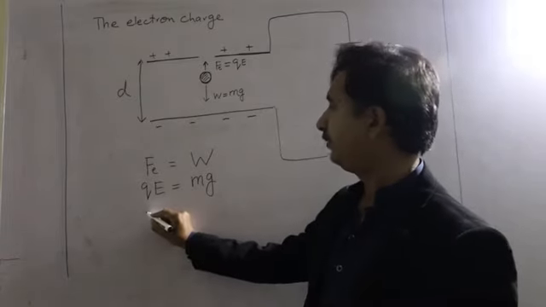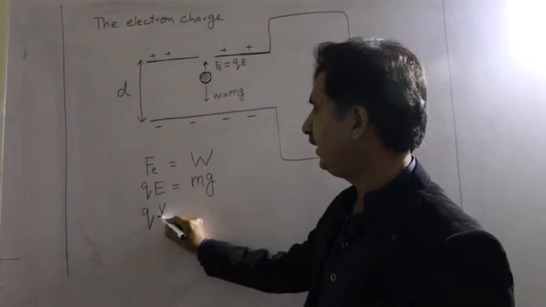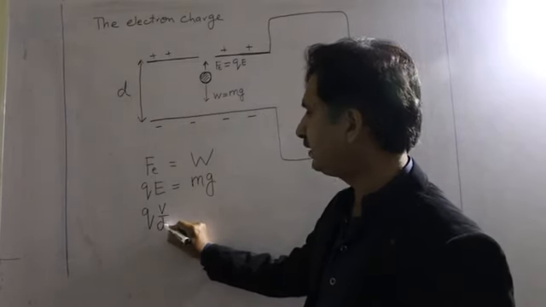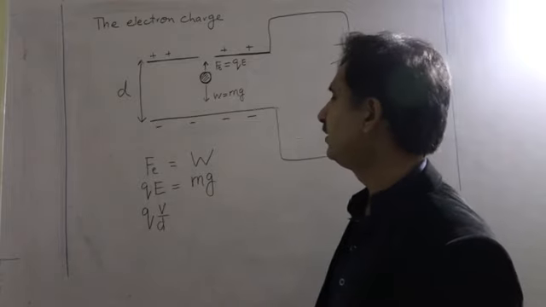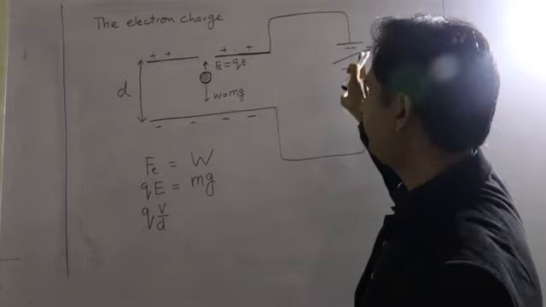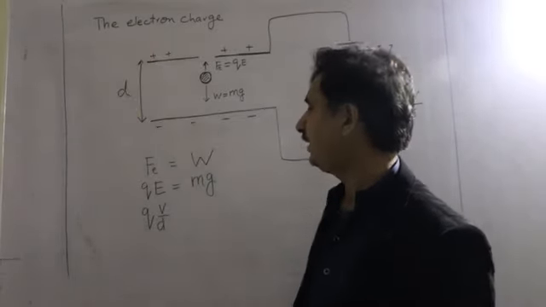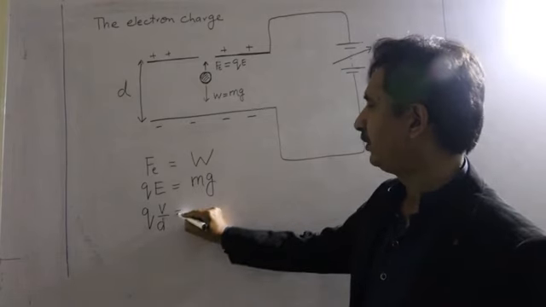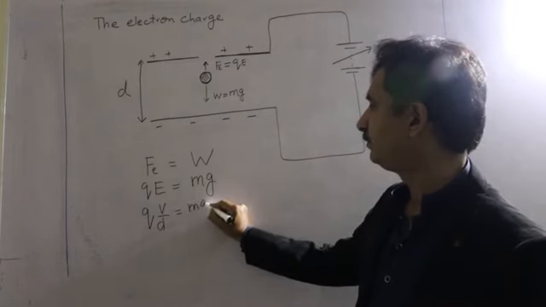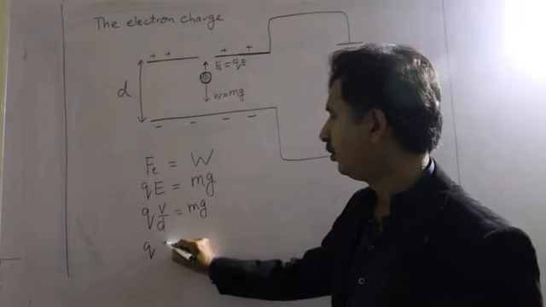You can put the value of E from your data, and this is V over D. You don't know what E is, but you know V and D. V is the potential difference, and D is the separation between the plates. And you can write mg. Now on the left-hand side you will keep Q only.